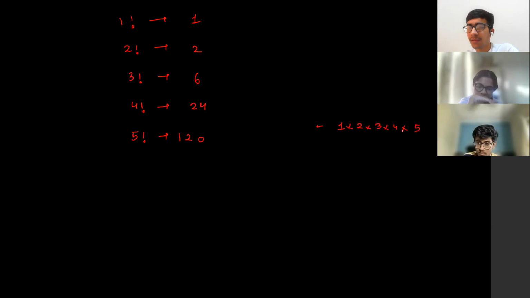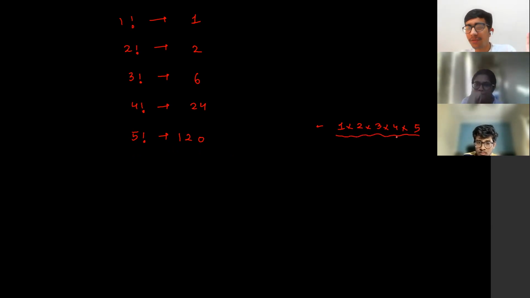See, 5 factorial has a unit digit of 0. So after every 5 factorial, I'll have the unit digit as 0 itself. अब ये मैं कैसे बोल सकता हूँ? देखो 5 factorial तक में कौन से टर्म आ गए? 1 into 2 into 3 into 4 into 5, right? इसके बाद वाले जो फैक्टोरियल होंगे उनमें ये तो मल्टीप्लाई होगा ही होगा.